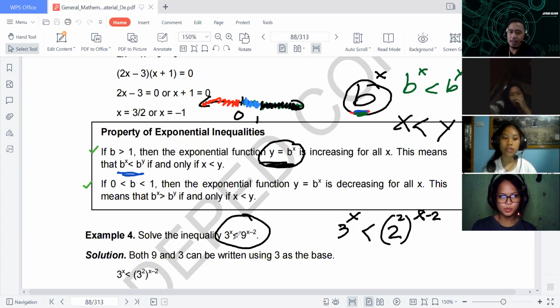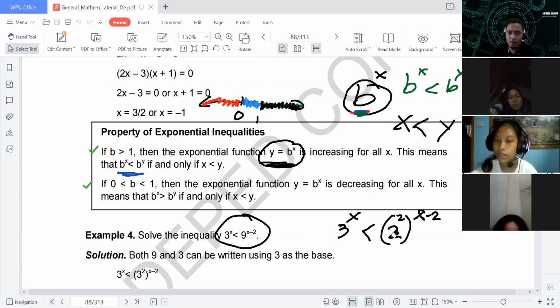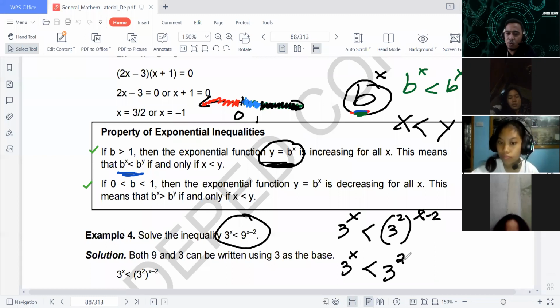This is less than the given. So after that, it can be written as 3 to the x still less than 3 to the power of 2x minus 2, right?